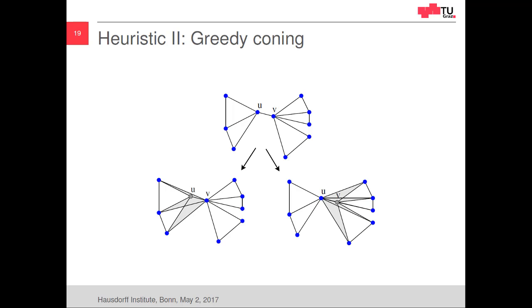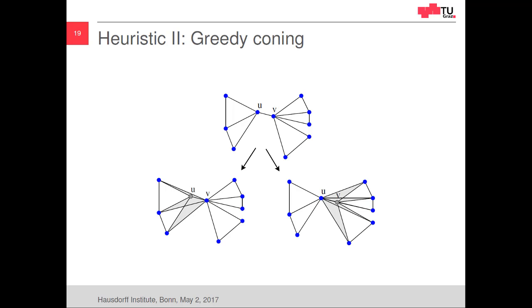Second heuristic. So whenever we have a contraction of u and v, we have actually a choice to make. Namely, we can either get rid of u or we can get rid of v. Yeah? It's symmetric. It's just up to renaming, it's the same thing. Now the question is, what should we do? And when you look at these pictures and you look at the title of this slide, you might guess the idea.